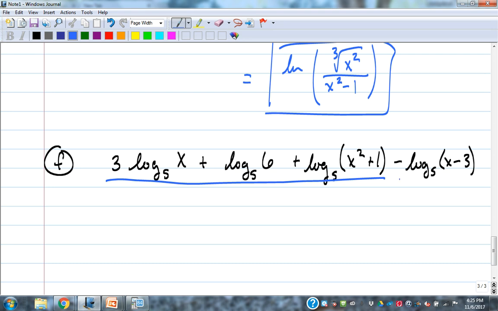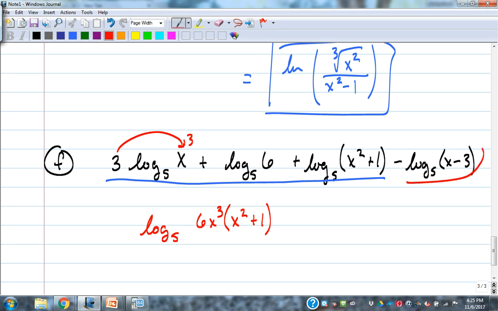Okay. So what does 3 log base 5 of x turn into? Yeah, so this becomes x to the third. And then 6 and that x to the third do what? They multiply. So we really have log base 5 of 6x to the third times x squared plus 1.